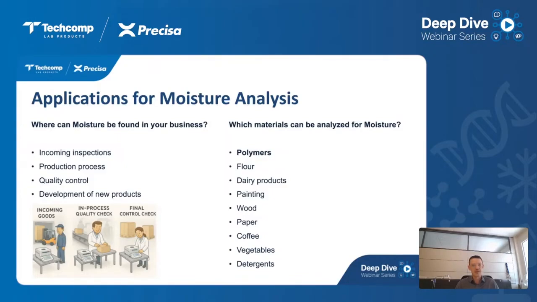Then also in between the different processes, there is a quality check going on. So the previous step will be checked whether the product is good to go to the next step. And of course, the final control check where your products are being analyzed, whether they're good to go to sale and to the customer.